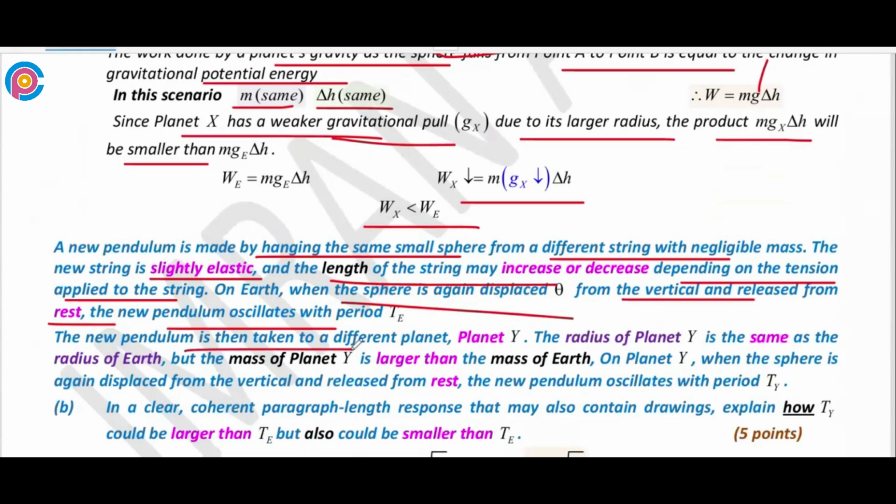The new pendulum is then taken to a different planet, planet Y. The radius of planet Y is the same as the radius of the Earth, but the mass of planet Y is larger than the mass of the Earth. On planet Y, where the sphere is again displaced from the vertical and released from rest, the new pendulum oscillates with period Ty.